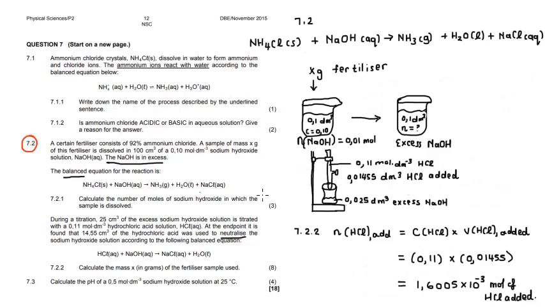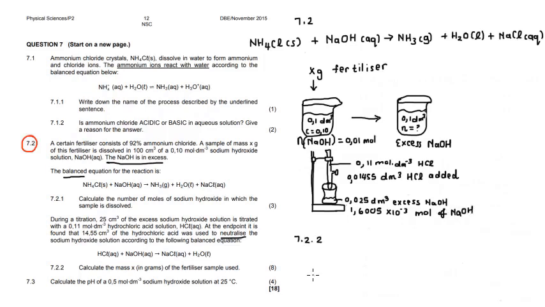Now we can add to the sketch that in this volume you have 1.6005 times 10 to the minus 3 moles of sodium hydroxide. Our next step is a scale factor type of situation.